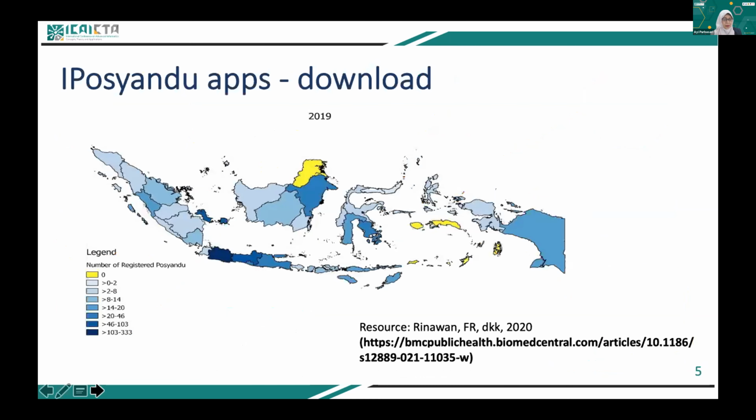And this application has been downloaded in various districts in our country, and it has been supported by Astra International since 2020. So the iPosyandu has been used by various puskesmas, not only in Purwakarta.